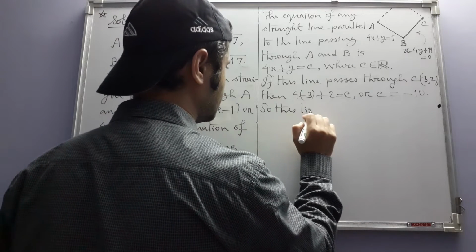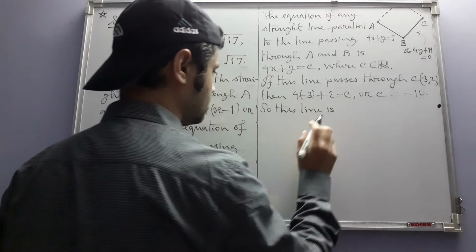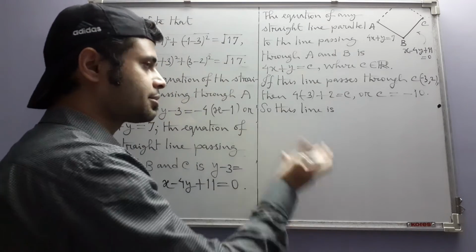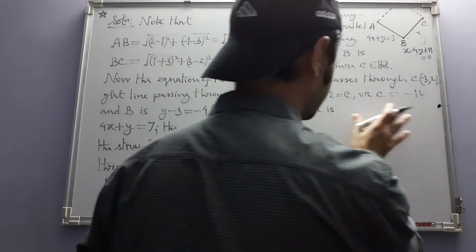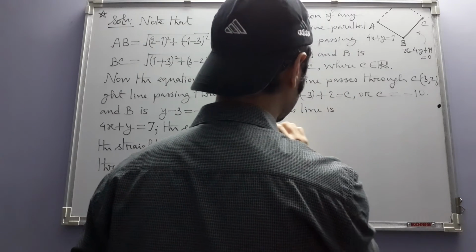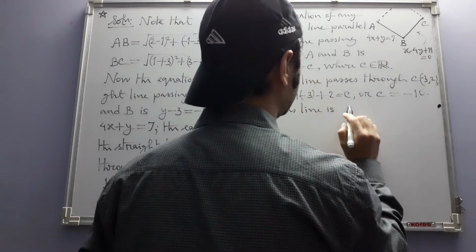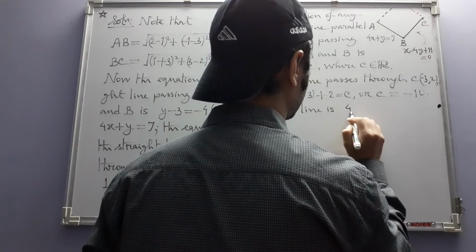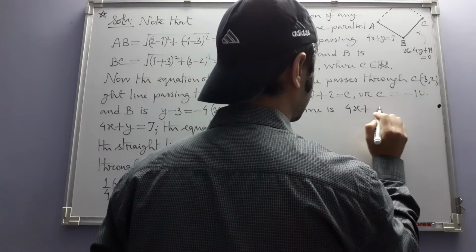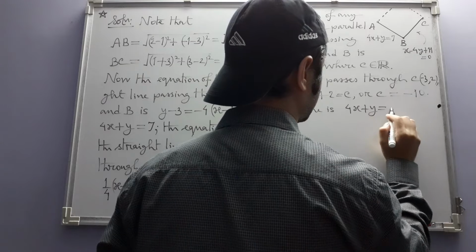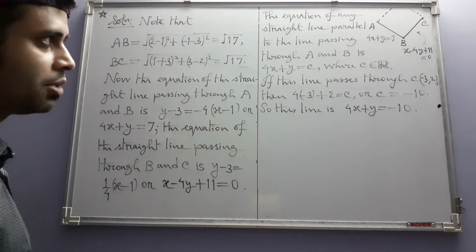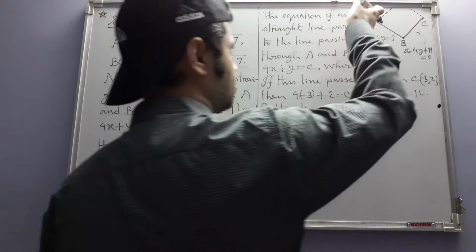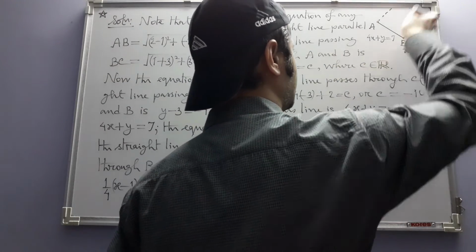So this line is, actually we should write it has the equation, but you can understand the line itself is given by that equation. So this line is 4x plus y equal to minus 10.